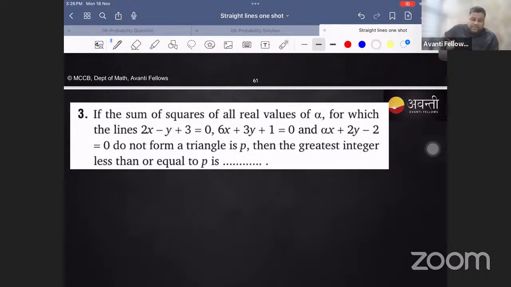Then the greatest integer p is. Yes, quickly.